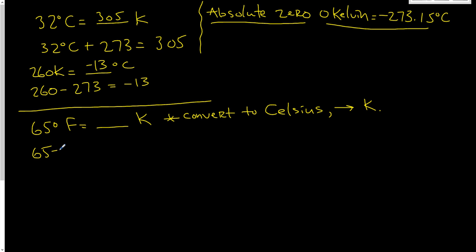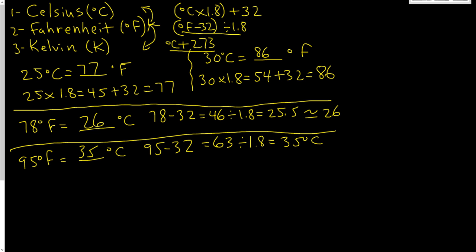So we're going to subtract 32. 65 subtract 32 gives us 33, and we're dividing that by 1.8. That gives us 18.3, and that's Celsius. And we know that when we are going from Celsius to Kelvin, we simply add 273.